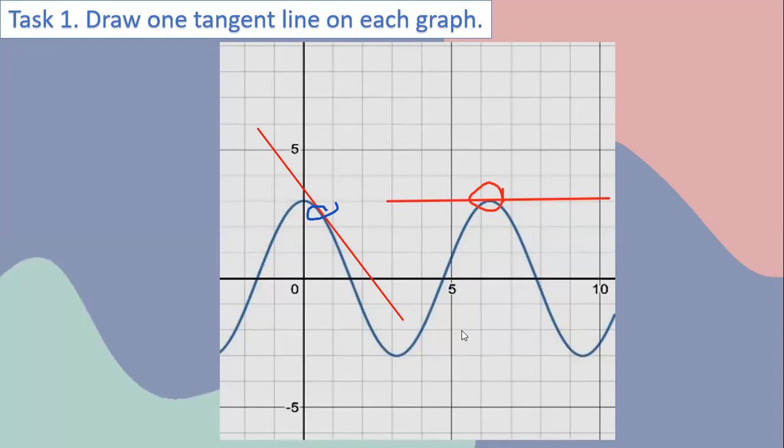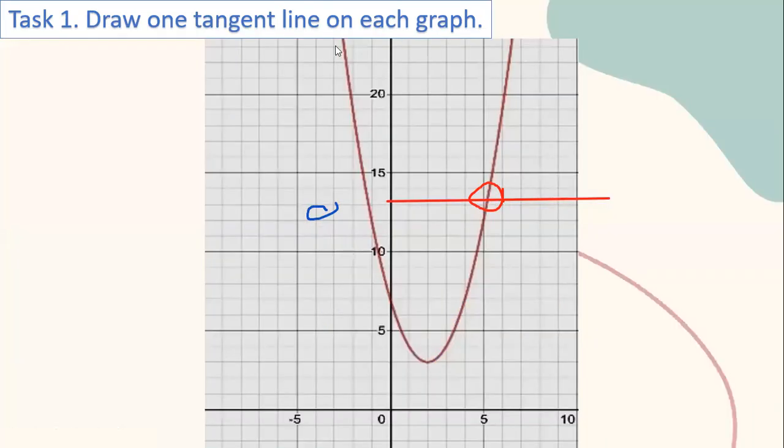So for our next example or next curve, we'll also be drawing one tangent line on this graph. All right, so the green line goes this way. So it touches only one point on our graph.